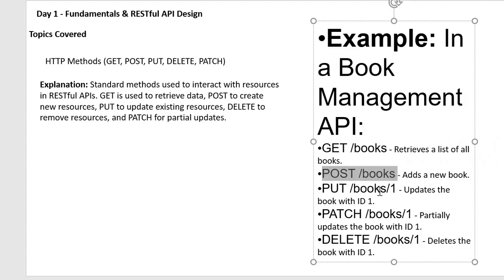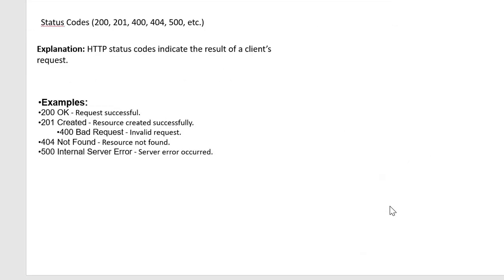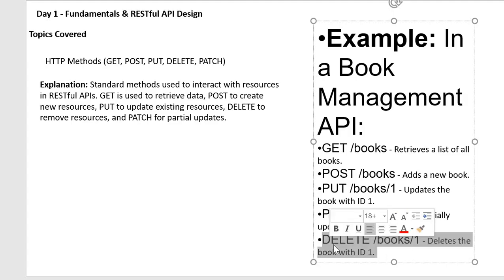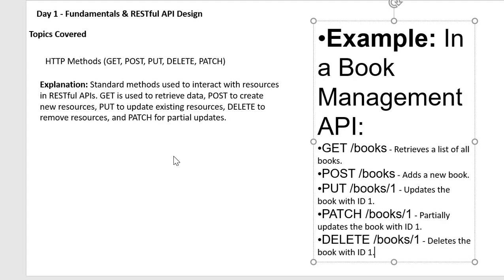Put slash books slash one: update the book with ID one. If you want to update the book one name, we will use this. And patch, if you want to partially update the book one name or anything, we will use patch books one. Delete: if you want to remove book one, at that time we will use delete books.